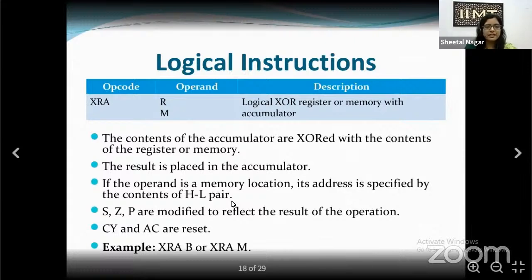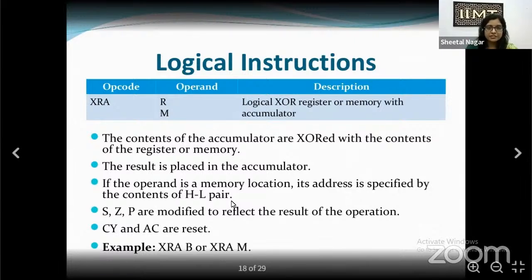For example, XRA B: after execution of this instruction, the contents of register B and the contents of the accumulator will perform an XOR operation, and the result will be stored in the accumulator only.